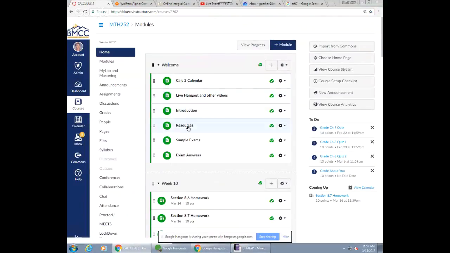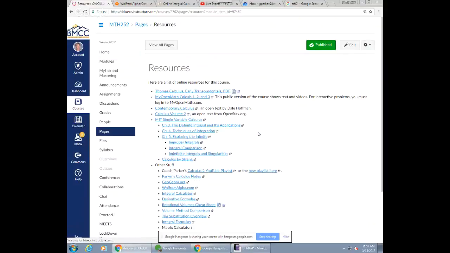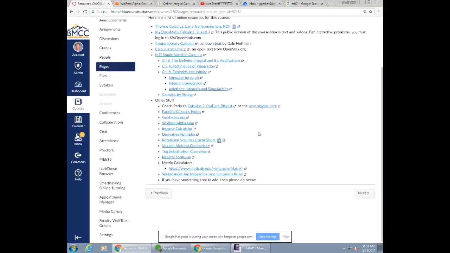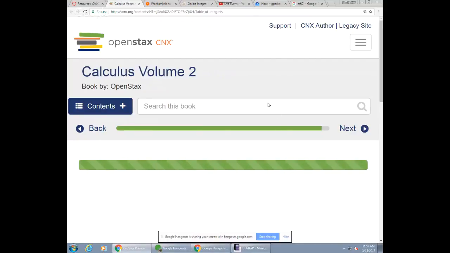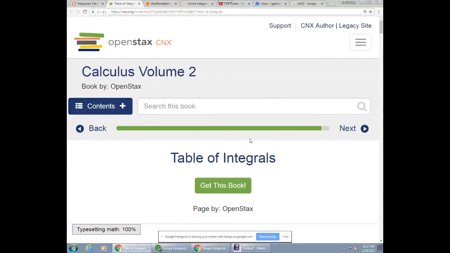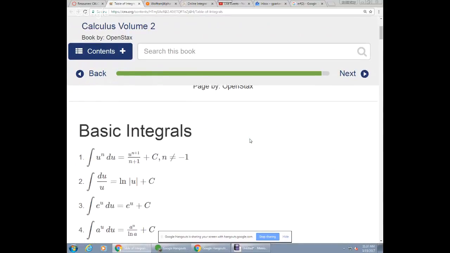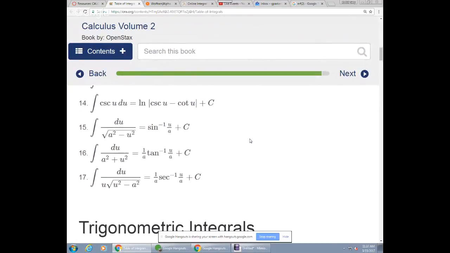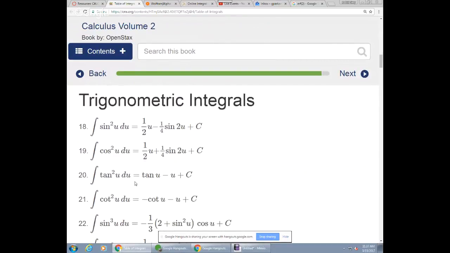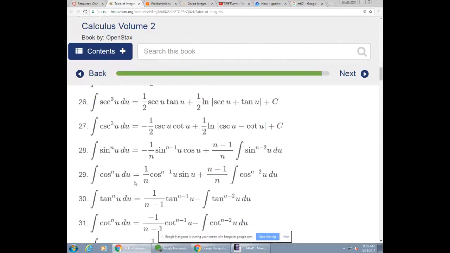So let's see, resources. Which one do I want? Integral formulas. Okay, so square roots. Square root's in the wrong place on that one. And it's a difference.